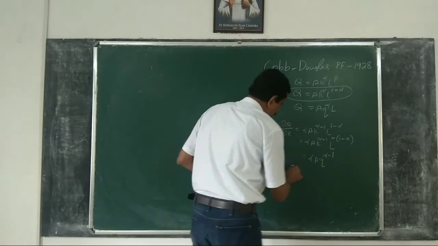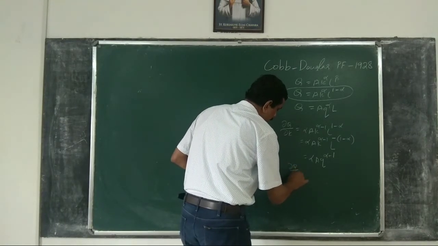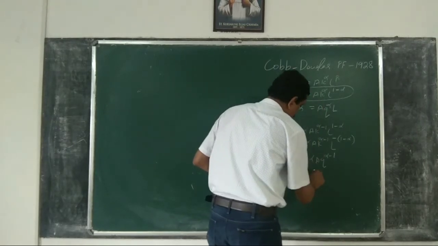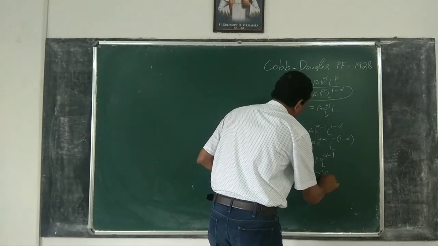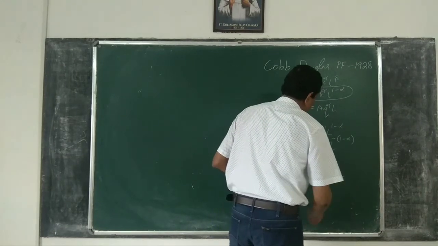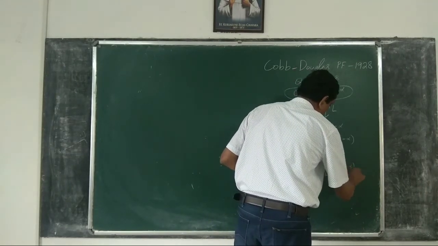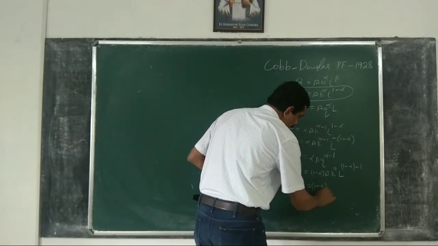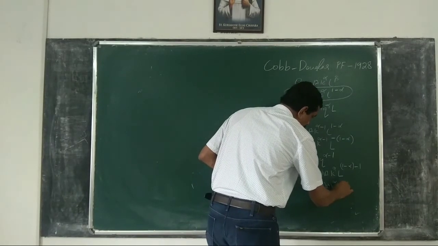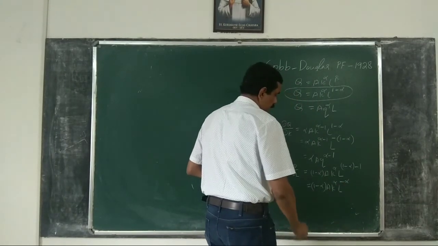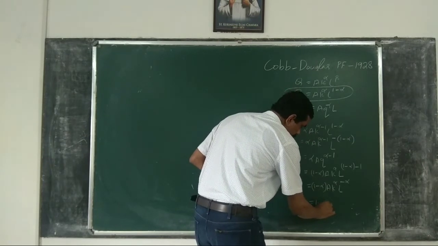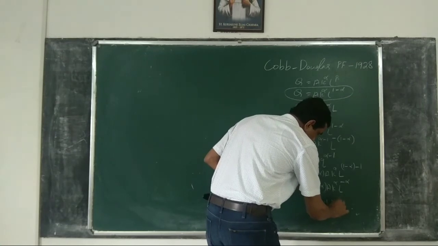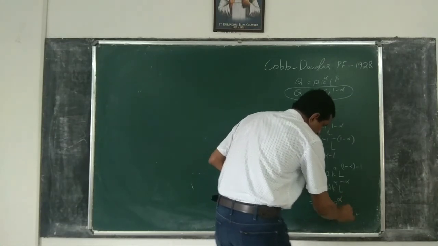Similarly, dou Q by dou L is equal to 1 minus alpha A K raised to alpha L raised to 1 minus alpha minus 1. This becomes 1 minus alpha A K raised to alpha L raised to minus alpha. And this can be written as 1 minus alpha into A Q raised to alpha.